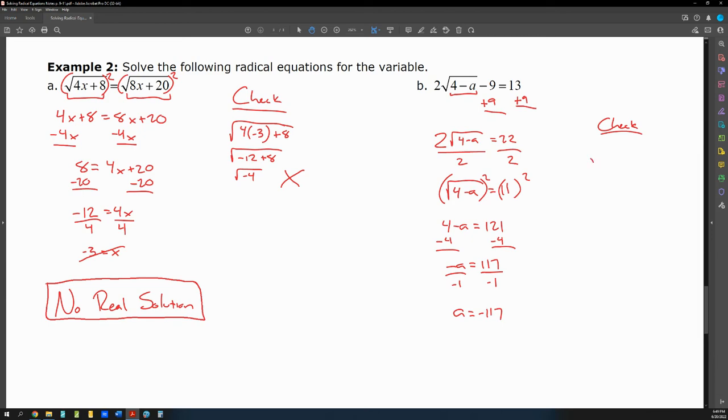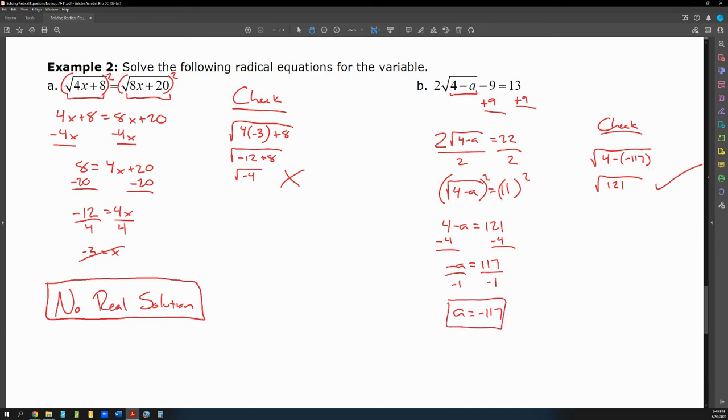So if we plug into the square root of 4 minus a, we have 4 minus, well, a is negative 117. So we have 4 minus negative 117. And subtracting a negative is the same as adding a positive. So we have 4 plus 117, which is equal to the square root of 121. And 121 is positive, so we're good. Actually, this solution works.